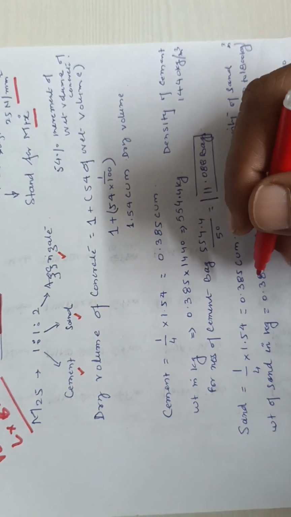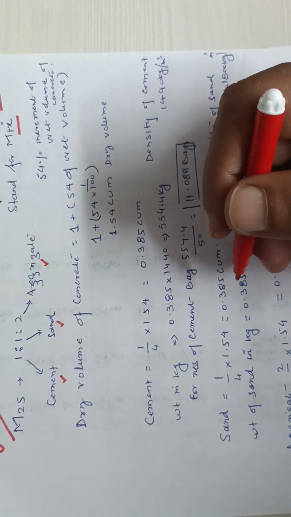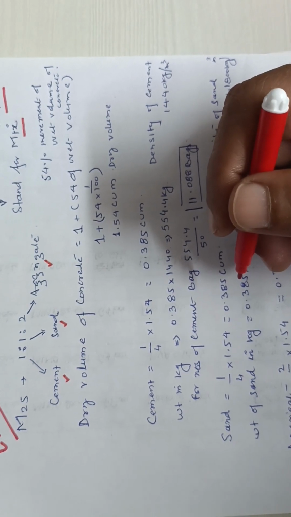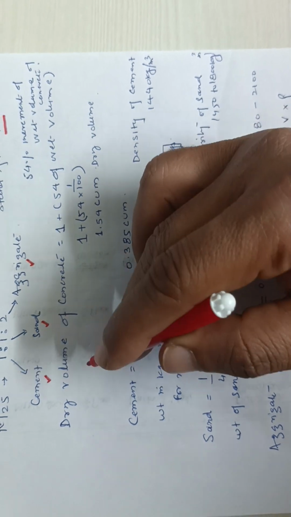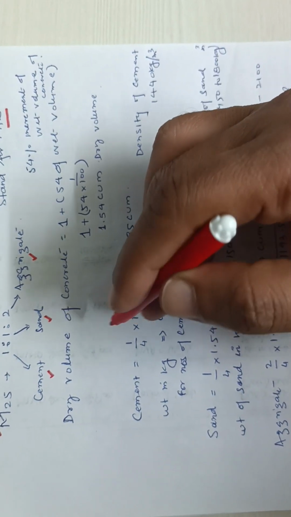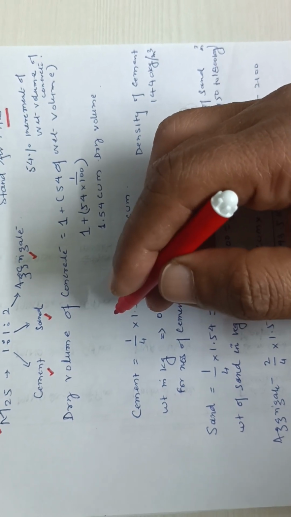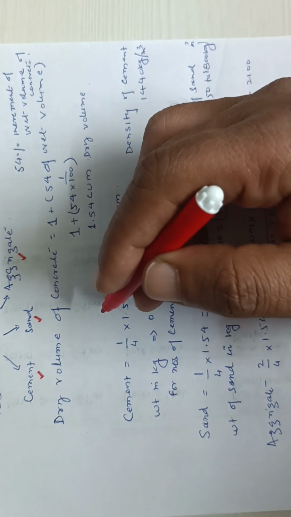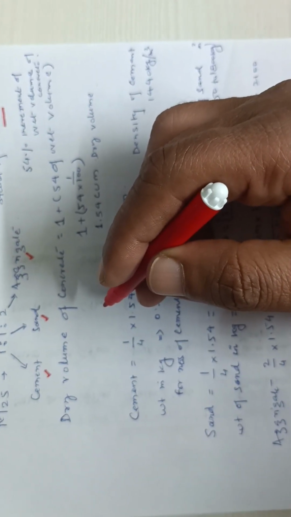So how do we find out how many cement bags are required for 1 cubic meter of M25 grade concrete? First we have to understand what the dry volume and the wet volume are. Dry volume is what you purchase from the market, like cement, sand and aggregate in dry form, but in wet form you will develop it at site.